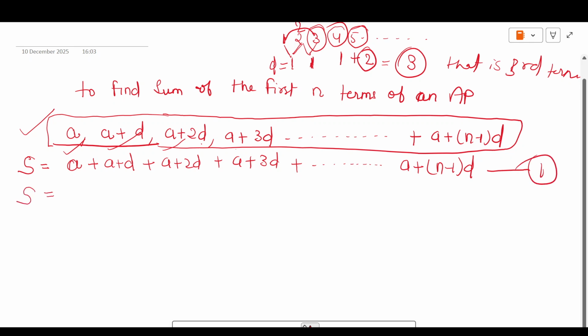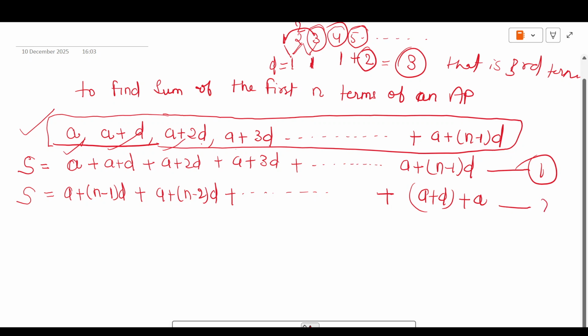Now just using the Gauss trick, reverse this. So what is the series? A plus (n minus 1) into D, A plus (n minus 2) into D, and so on up to A plus D and A. Call this 2.